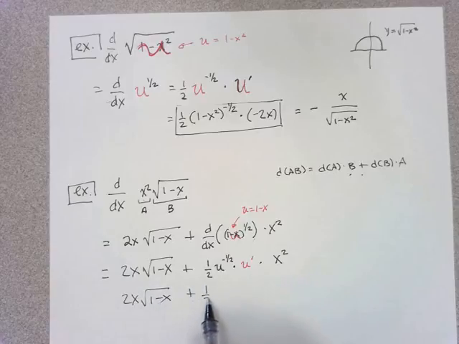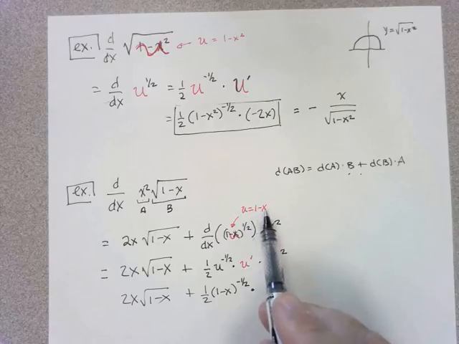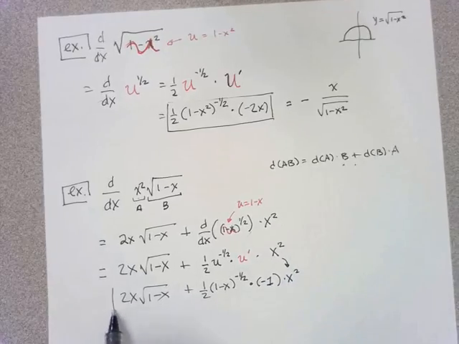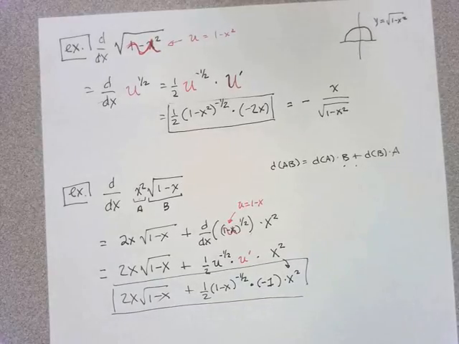So I get plus 1/2 1 minus x to the negative 1/2. u prime is easy. The derivative of 1 minus x, the derivative of 1 is 0. The derivative of minus 1x is minus 1. Then I have times x squared from right there. And there it is in all of its hideous glory.